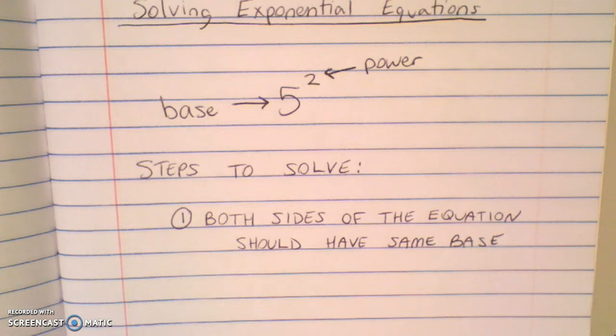So what that means is that number that's being raised to a power, that should be the same on both sides of the equation. If it's not the same, you might have to rewrite the base in a different form, and I'll show you how to do that when we look at those problems.